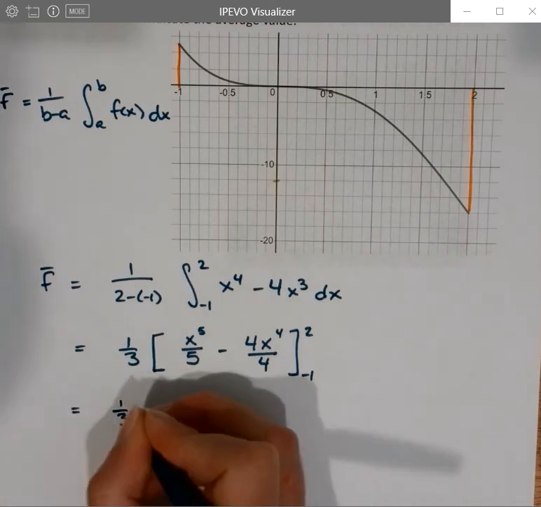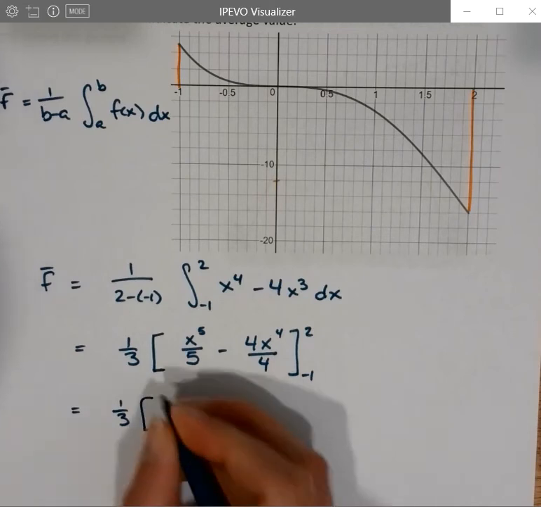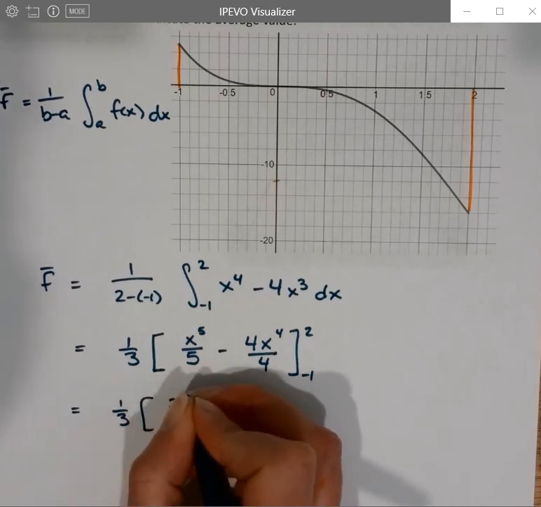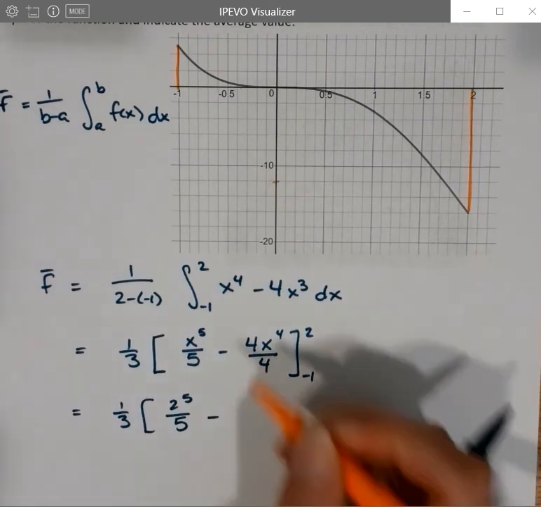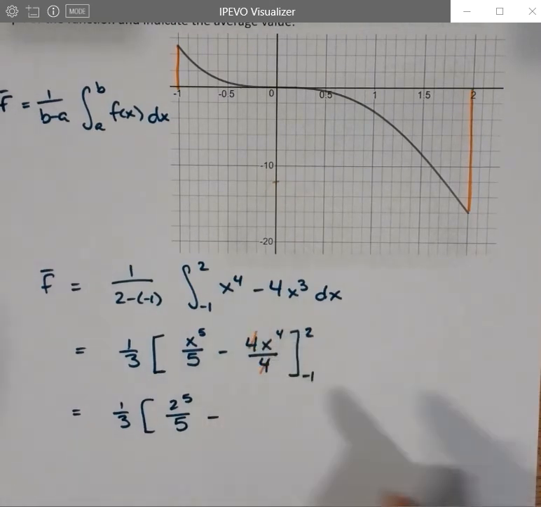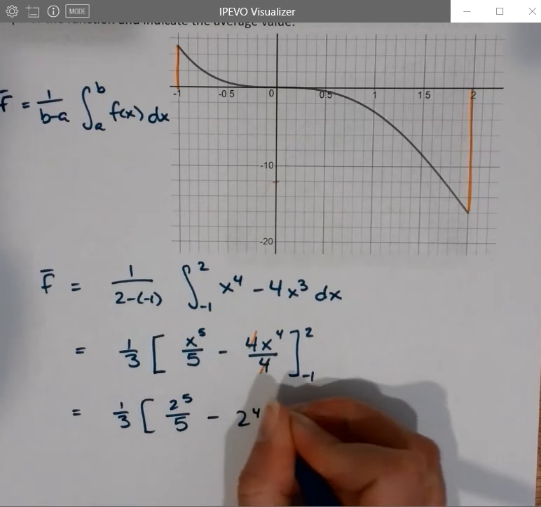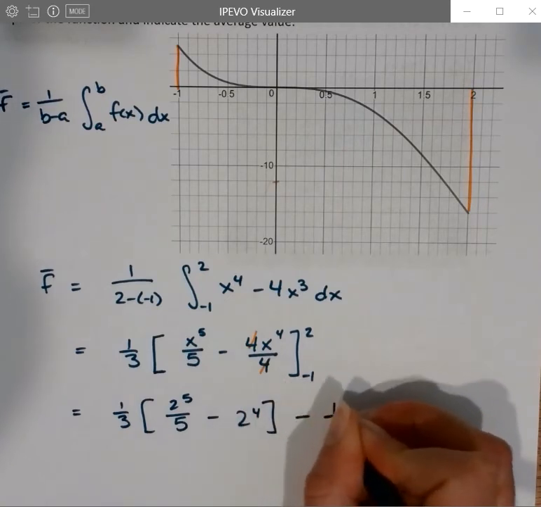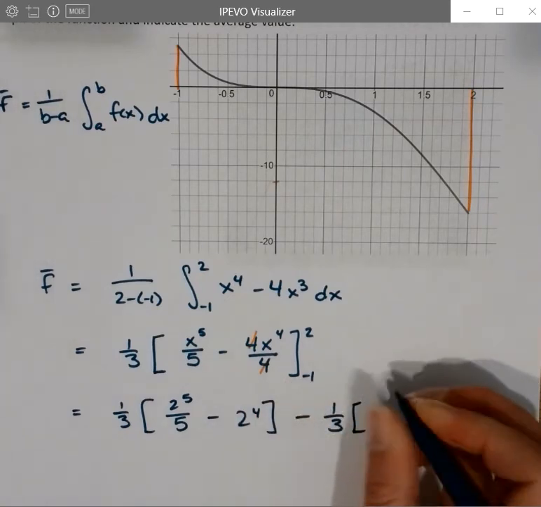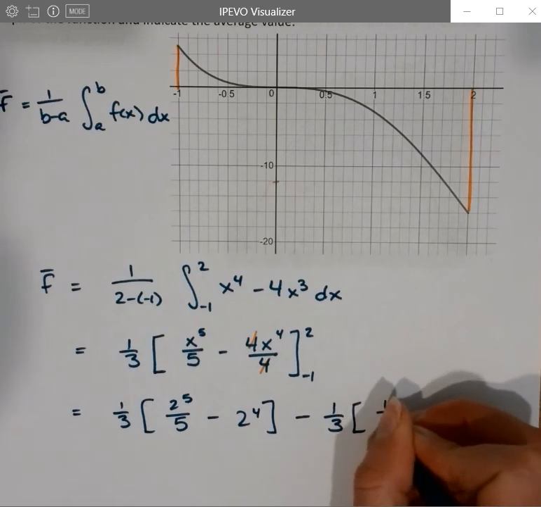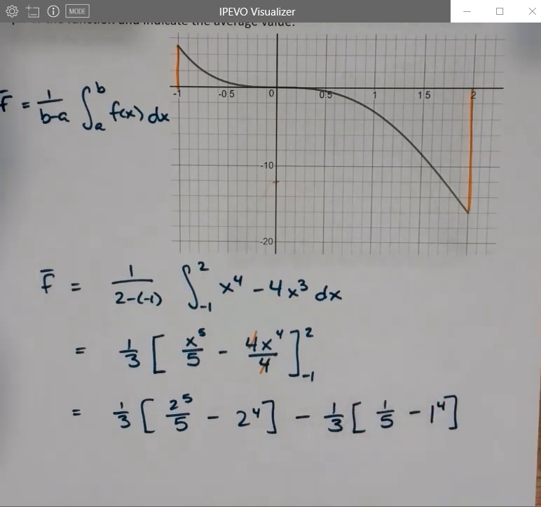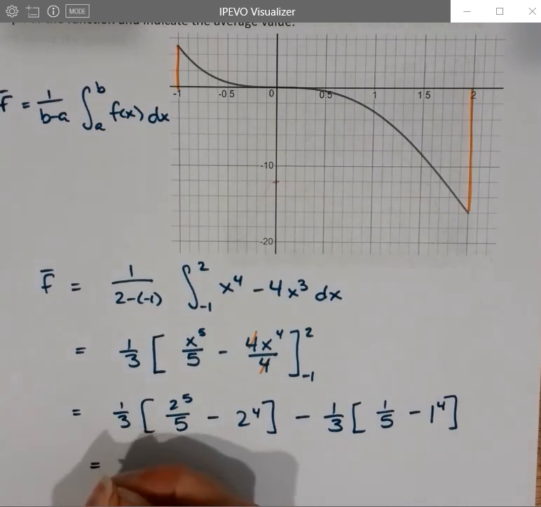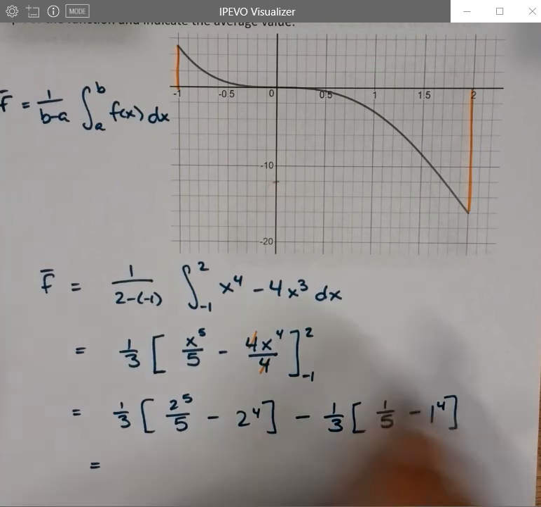So 1/3 of, and we have our 2 to the 5th over 5. The 4's cancel right here, so I'm not going to bother writing them down again. This is just going to be minus 2 to the 4th. Then minus 1/3 of 1 to the 5th over 5 minus 1 to the 4th. Okay, so again, we just need to compute this as a fractional value.